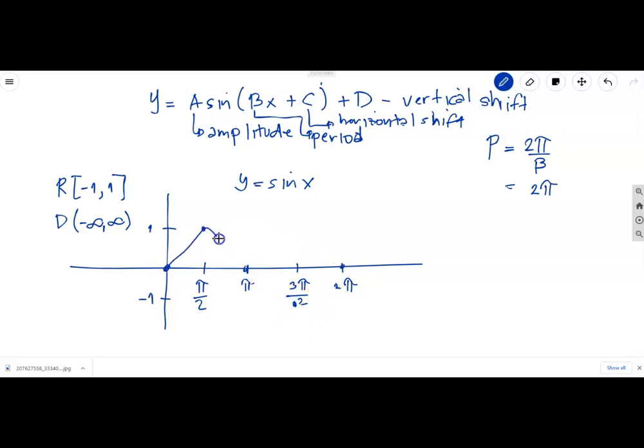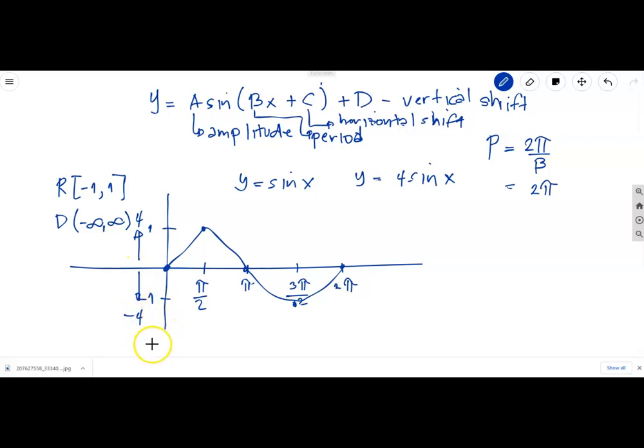We draw a smooth curve. What if we have y = 4 sine x? From 1, we are going to go up now. The height will go up by 4, and the height going down will also go down by 4.